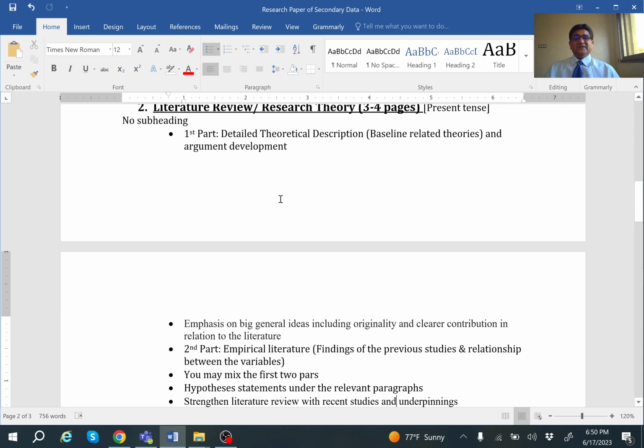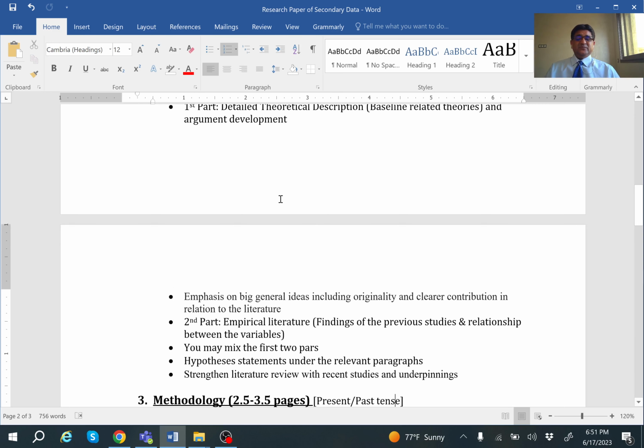So in the first part, we discuss the baseline theories and the underpinnings. In the second part, we can emphasize the big idea, including the originality and the clear contribution of your research with respect to existing literature. This is the commentary, this is the argument, how your work is important.